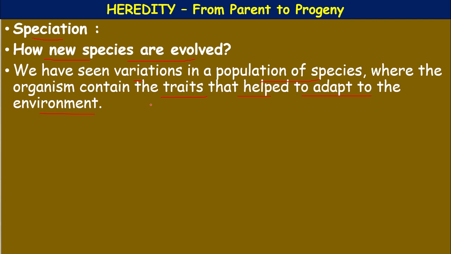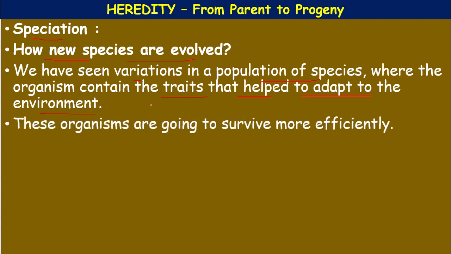Speciation means the process of splitting a genetically homogeneous population into 2 or more populations that undergo genetic differentiation and eventual reproductive isolation. It is called speciation.